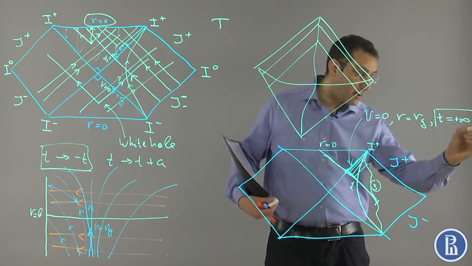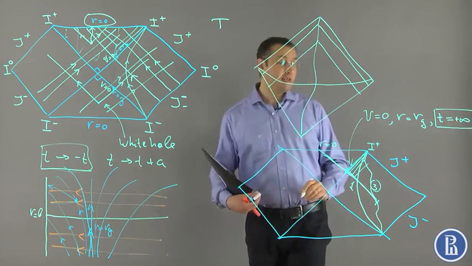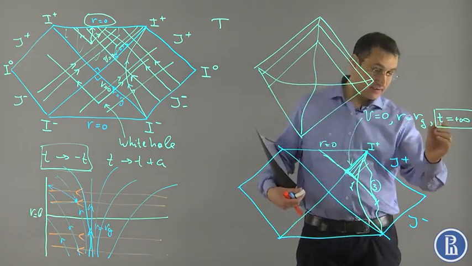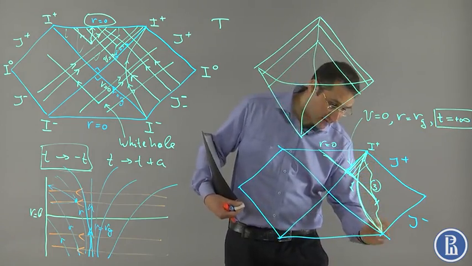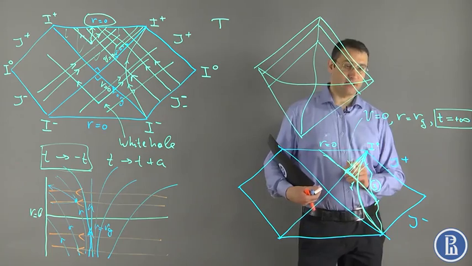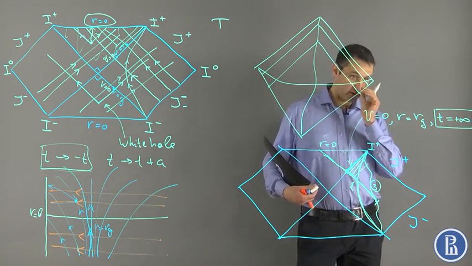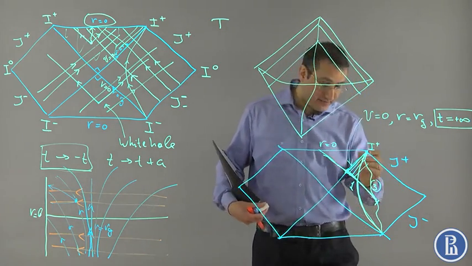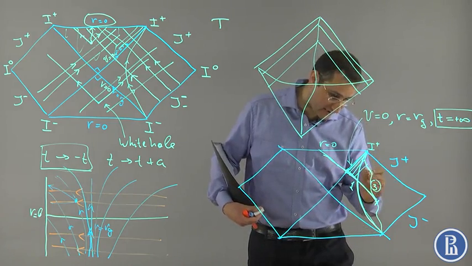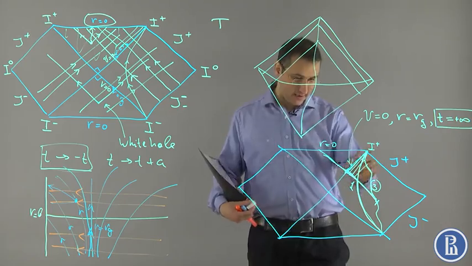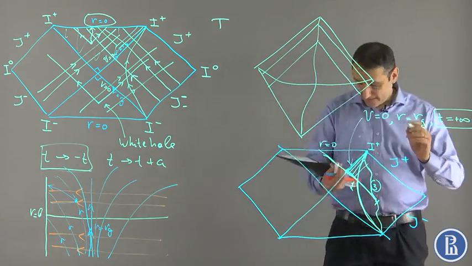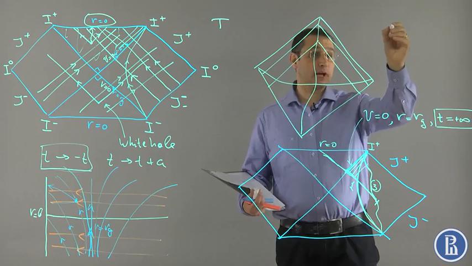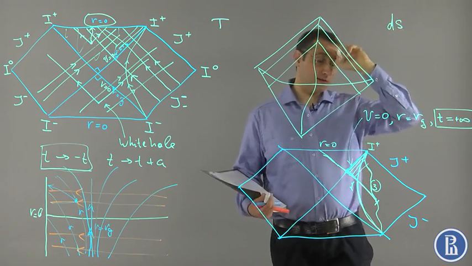And remember, this t is the time as measured by observers which are fixed above the Schwarzschild black hole, non-inertial observers which are fixed. But also it takes infinite time for the observers which are not necessarily fixed, as I have shown to you here.